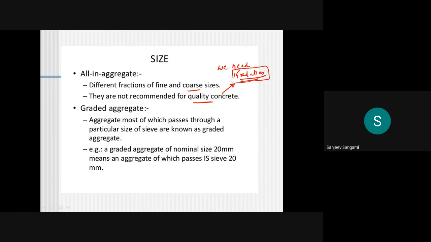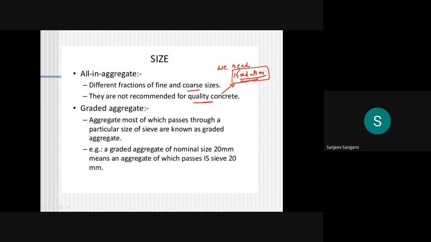Remember this: if the proper gradation fractions are there, definitely the strength of the concrete or the mortar is going to increase, irrespective of whether it is a coarse aggregate or a fine aggregate. Even for the fine aggregate, maintaining the proper gradation plays a very important role.